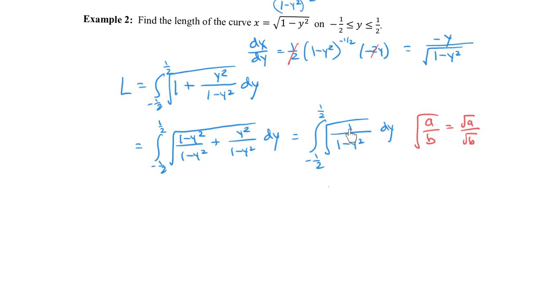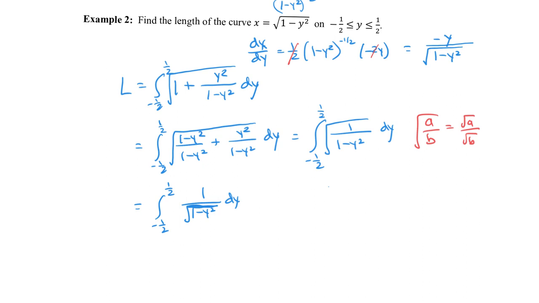The square root of 1 is just 1. So here's what we're going to get: the integral from negative 1/2 to 1/2, with 1 on top and the square root of 1 minus y squared down here. This integral you've seen before. We don't see it that much, but you typically learn it in Calc 1.